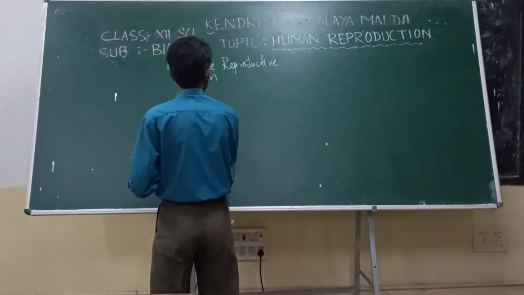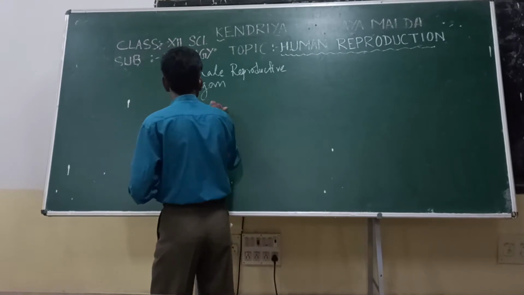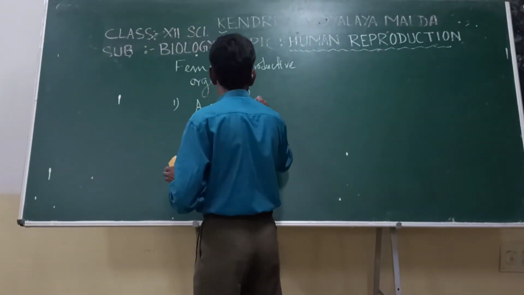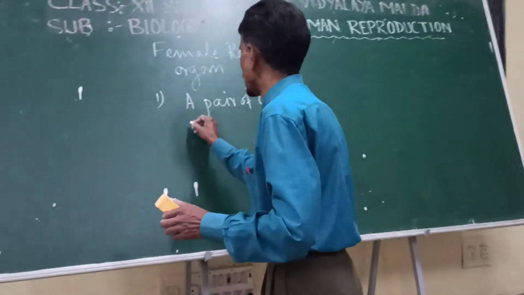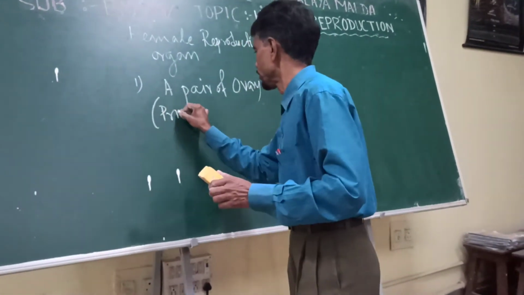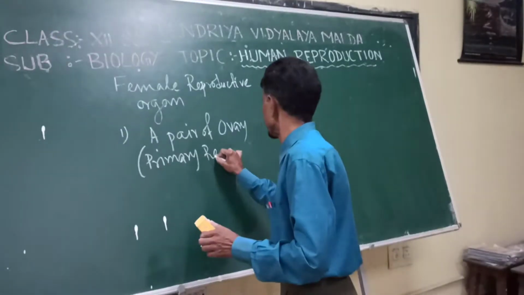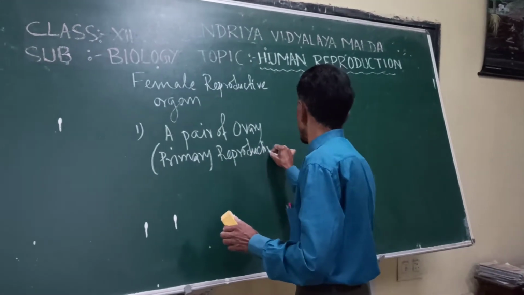So, what are those? Number one, a pair of ovary. This is the primary reproductive organ.